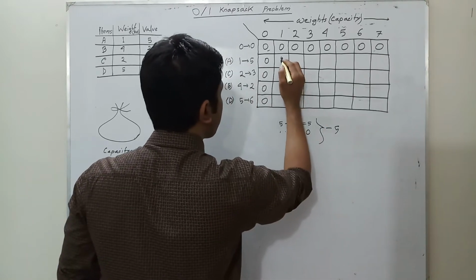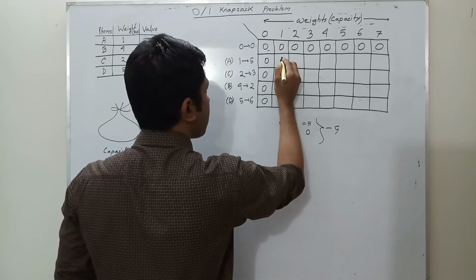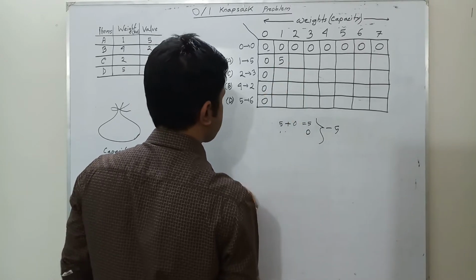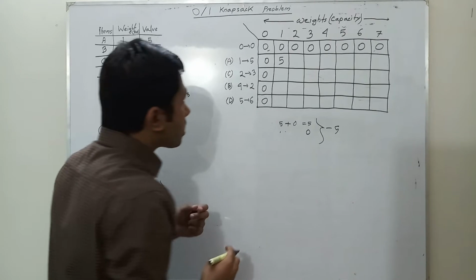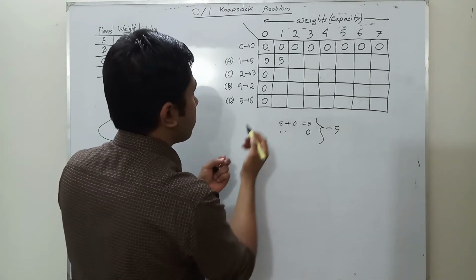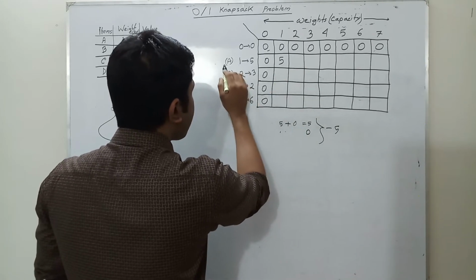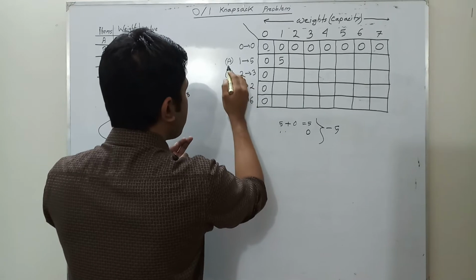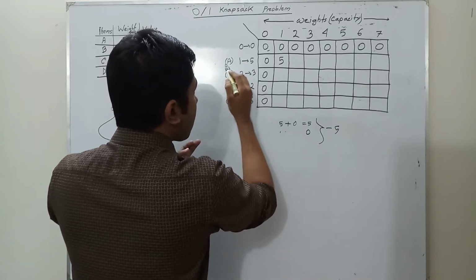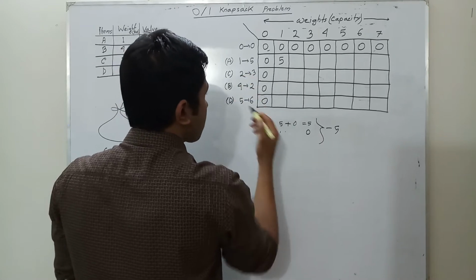So for this field, the maximum obtainable value is 5. So the process to find the maximum obtainable value of a field is that we find the value using the item and compare it with not using the item.